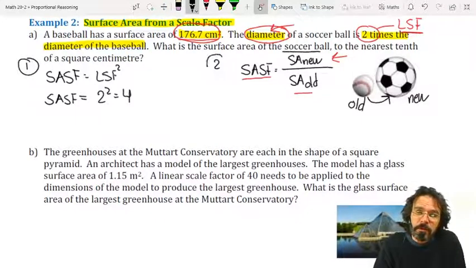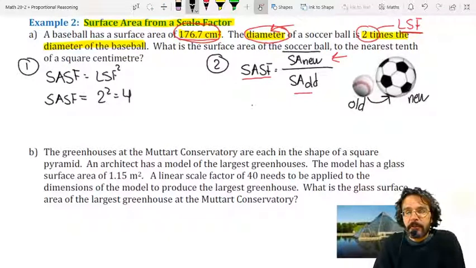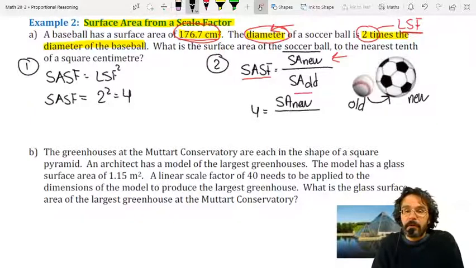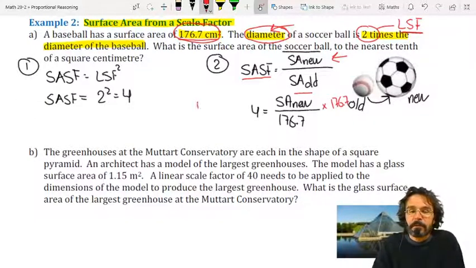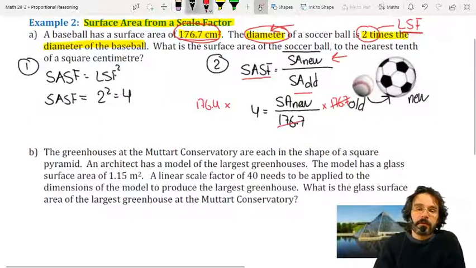Step number 2, now we can plug it in here. The surface area scale factor is 4. We are looking for the surface area of the new object, the soccer ball. We know the surface area of the old object is 176.7 square centimeters. All we have to do is multiply both sides by 176.7, and on the right hand side, 176.7 divided by 176.7 just cancels.